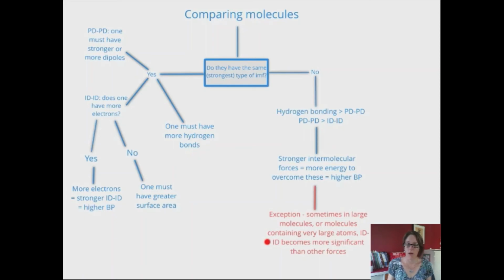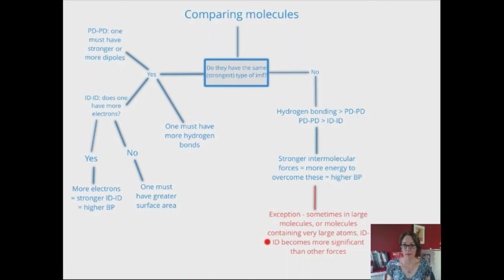So something with hydrogen bonding would usually have a higher boiling point than something that only had instantaneous-induced dipoles. We do need to be careful with this, because, for example, in a polymer, like a really, really, really large molecule with a large number of electrons, the instantaneous dipole might be more significant.